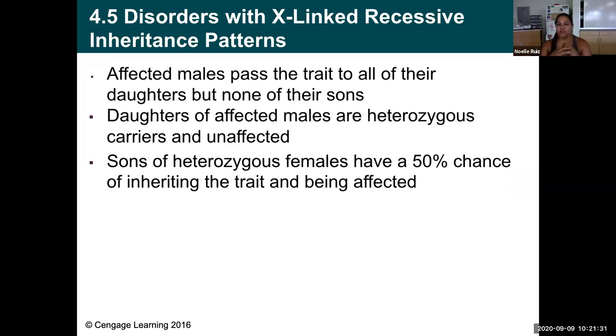Affected males pass the trait on to all of their daughters, but none of their sons. Daughters of affected males are heterozygous carriers and unaffected themselves. And then sons of heterozygous females have a 50% chance of inheriting the trait and being affected.